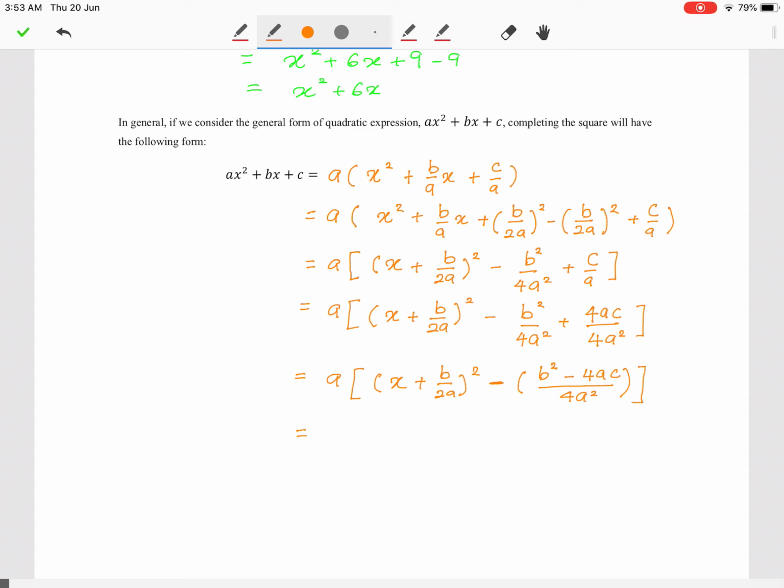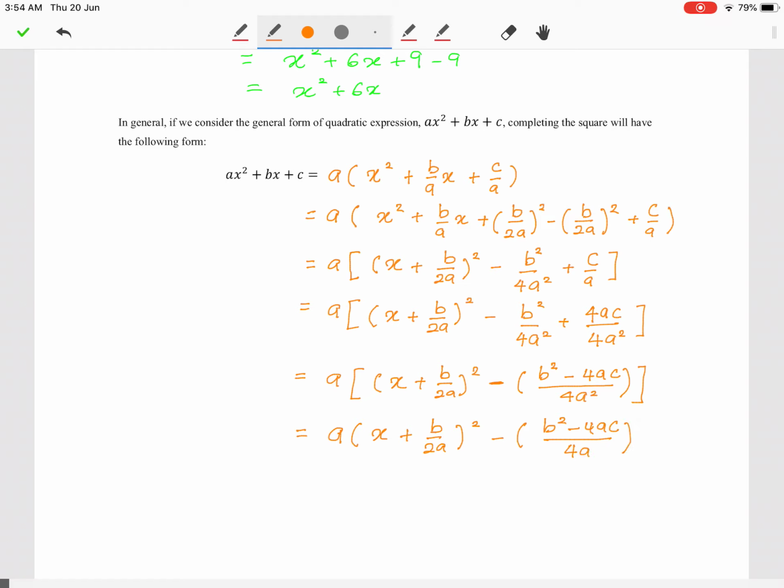Now if I re-expand the constant a into the square bracket, I will have a multiplied by x plus b over 2a square minus, now a into the second bracket, then you can cancel one of the a, so you will have b square minus 4ac over 4a.